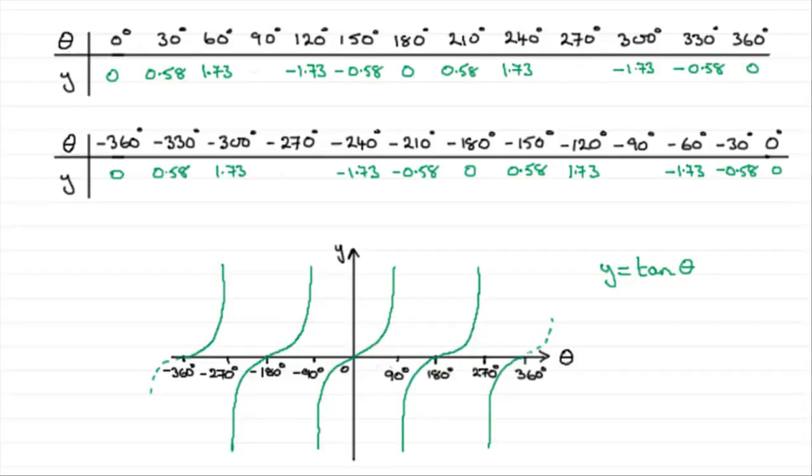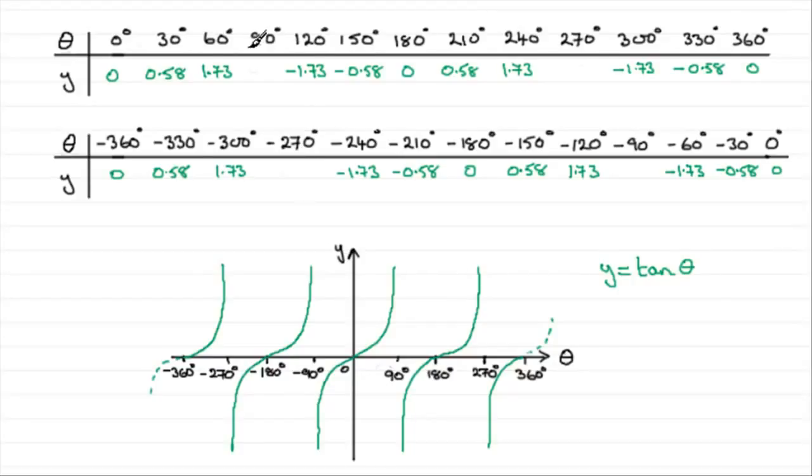But if you look carefully, you'll see that I've left out the values at 90, 270, minus 270 and minus 90. Because if you were to type these into your calculator, you'd get an error. Or some calculators might even display undefined result.